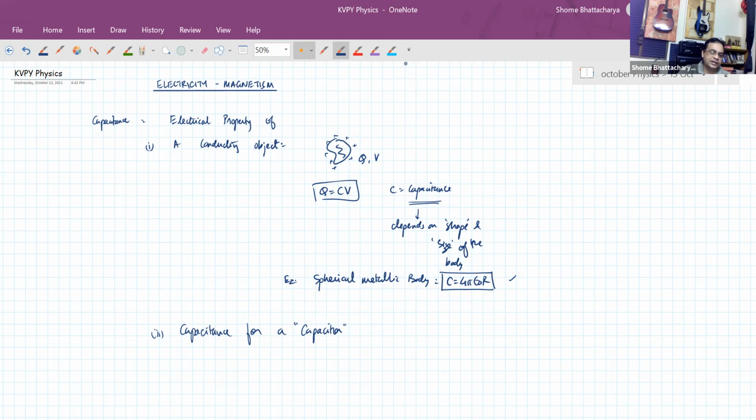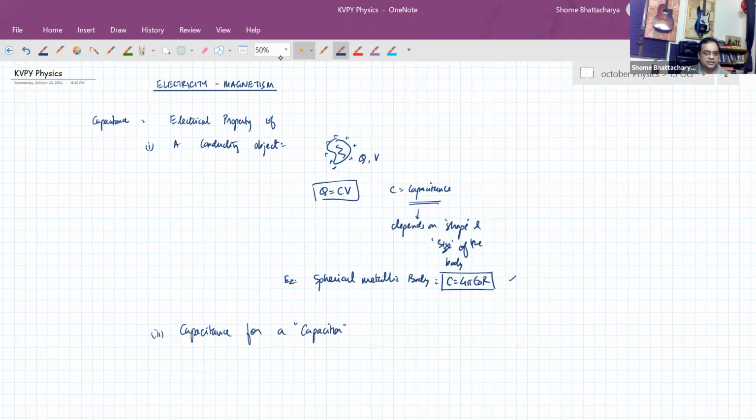Capacitors are also there in electronic circuits on printed circuit boards with ICs, integrated circuits and semiconductor devices and all that. So there the capacitors are of much smaller size, for example, because they're on a circuit board.